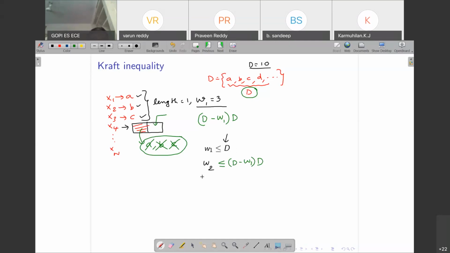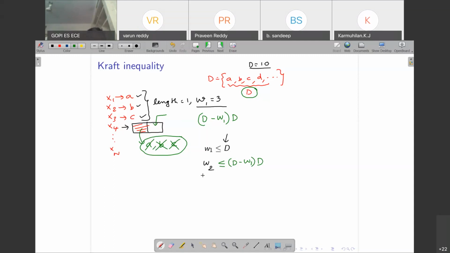Now let us say that you are constructing the code with length 3. You can divide this into 2 parts, this one with length 2 and this one with length 1. So the maximum is D minus W. We already used what? W2.